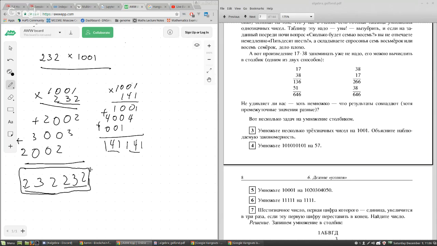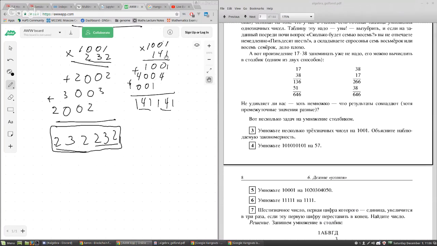So can I think of this in maybe a more general way, as opposed to this table multiplication method? And this is the way I like to think about it. What would happen if I took 141 and tried to multiply it by just 1000? We know that when we multiply by 10, we just add a 0 to the number. When we multiply by 100, we add 2 zeros.